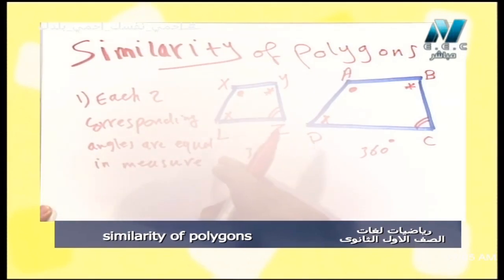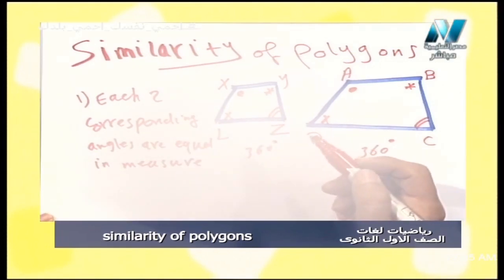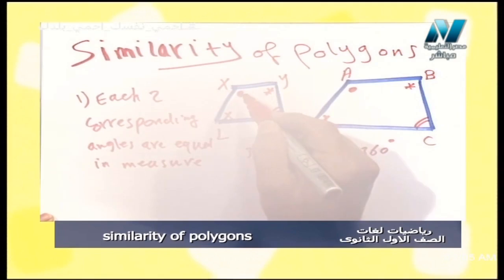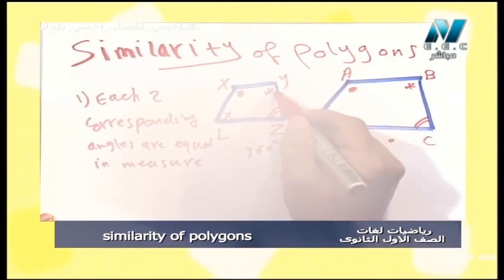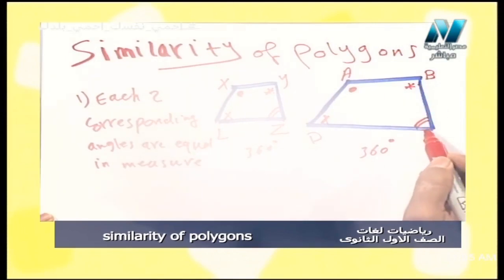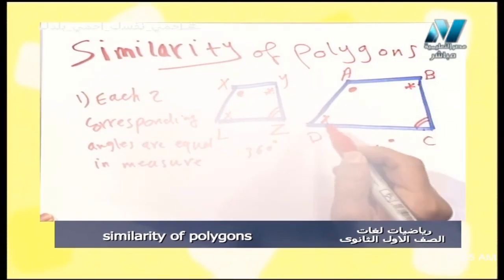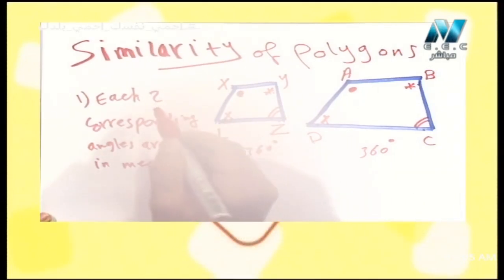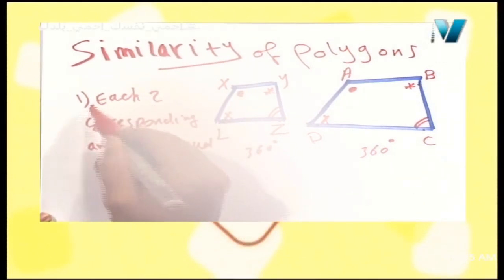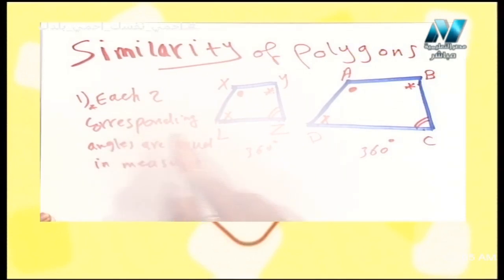What are the corresponding angles? We said that measure angle X equals its corresponding, which is A, measure angle Y equals measure angle B, measure angle C equals measure angle Z, and measure angle D equals measure angle L. So we have the first condition, which is each two corresponding angles are equal in measure.